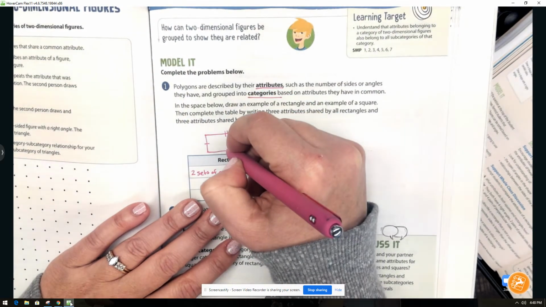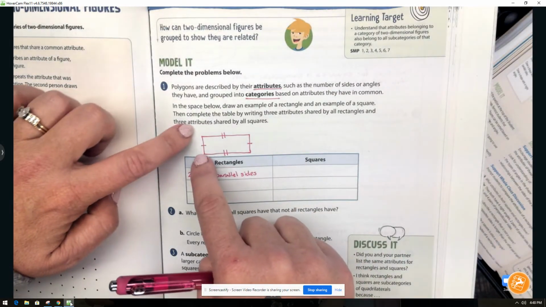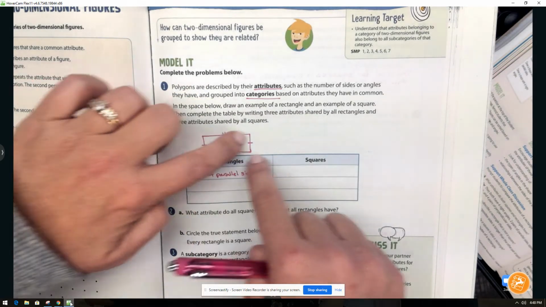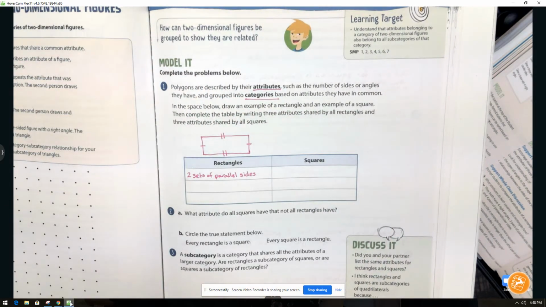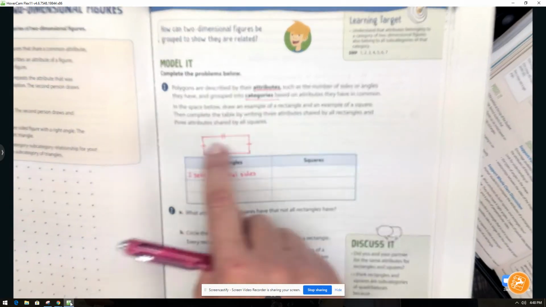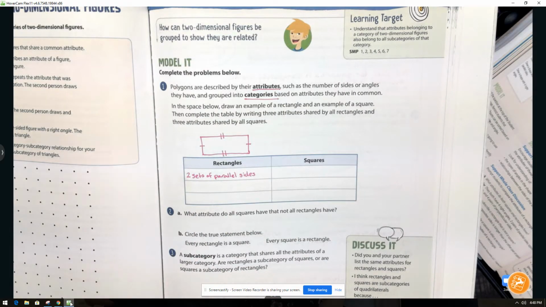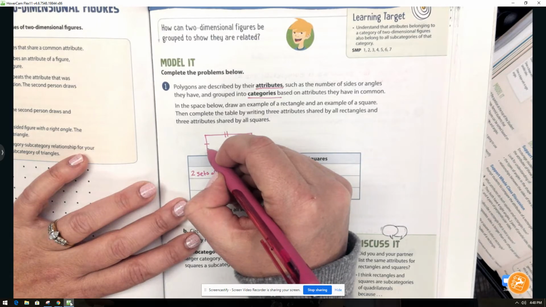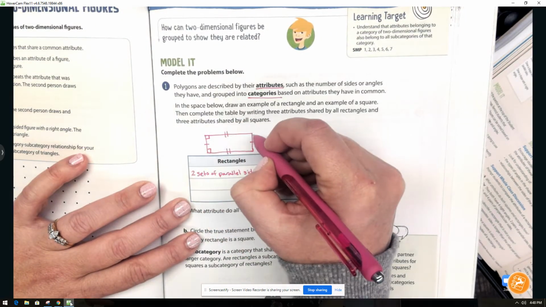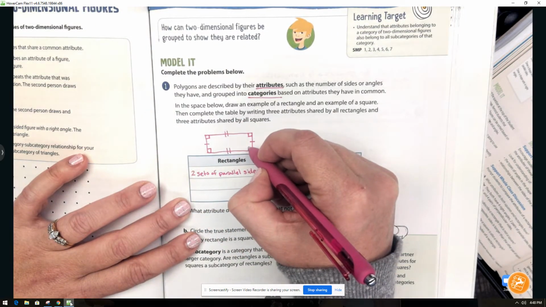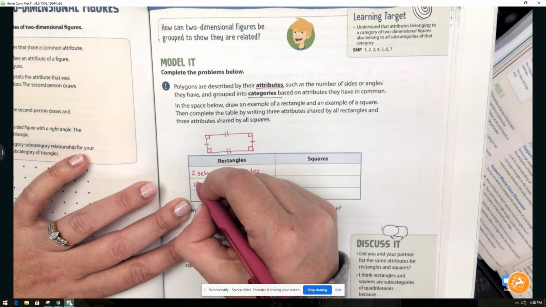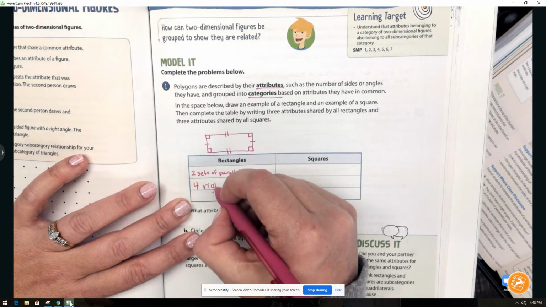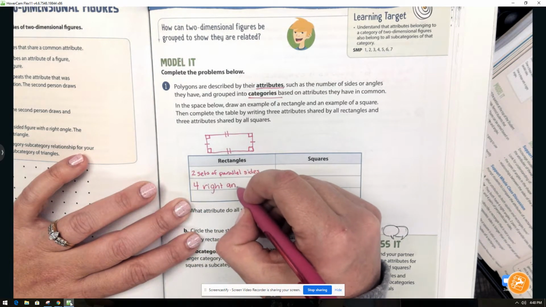And this side here and this side here, those 2 sides will continue forever and will also never touch. So there are 2 sets of parallel sides. I also recognize that each corner has a right angle. So there are 4 right angles.